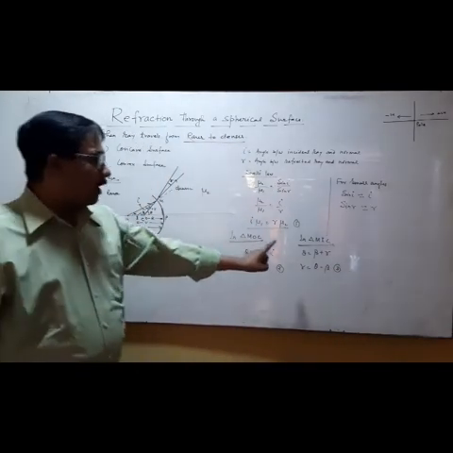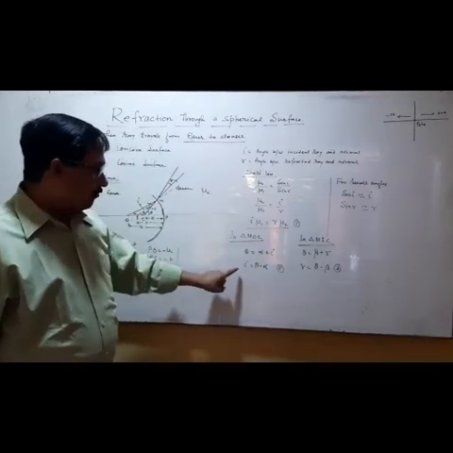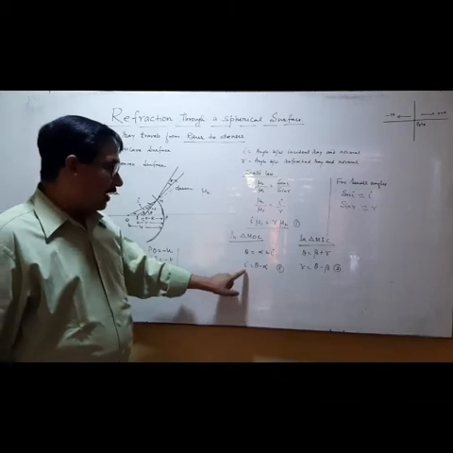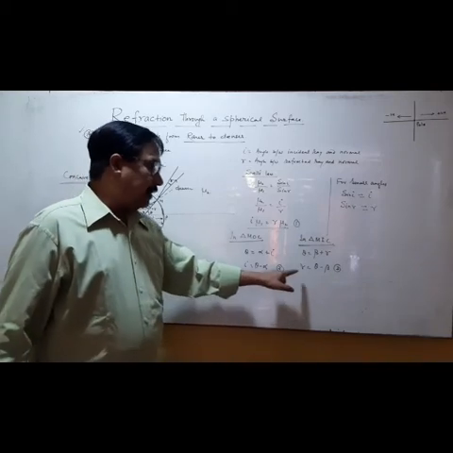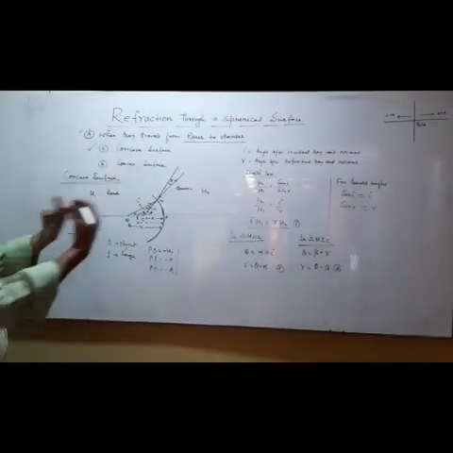So from these two triangles, MOC and MIC, we can write the value of I as theta minus alpha and R as theta minus beta. Right? Now put these values in equation 1.